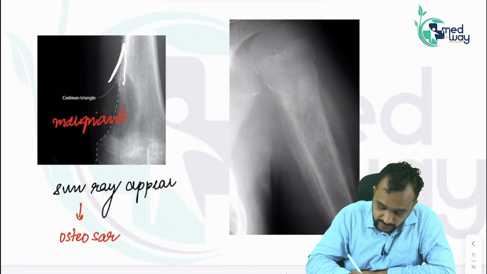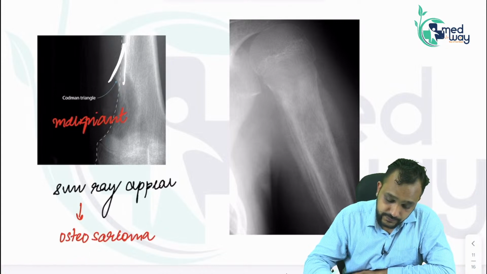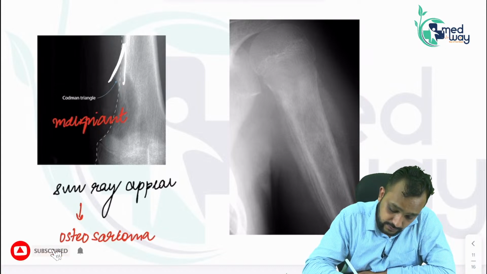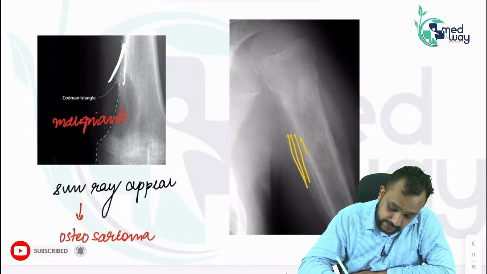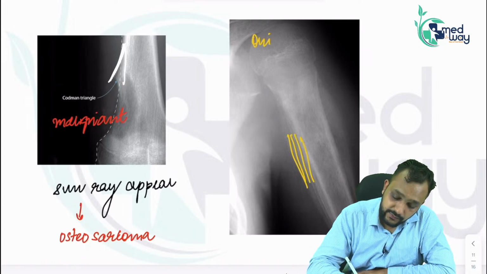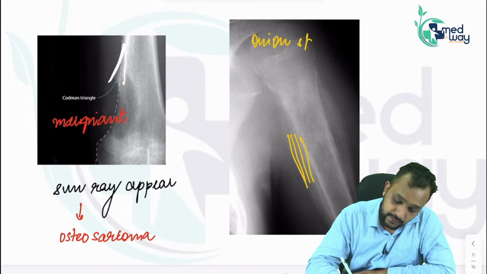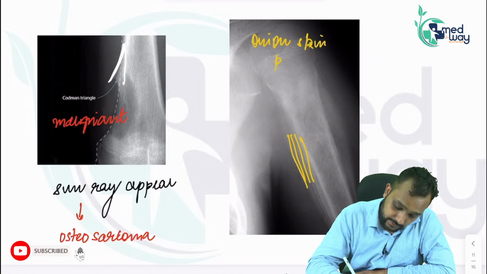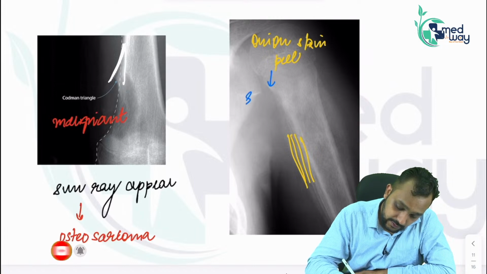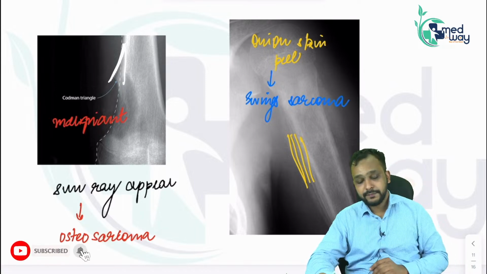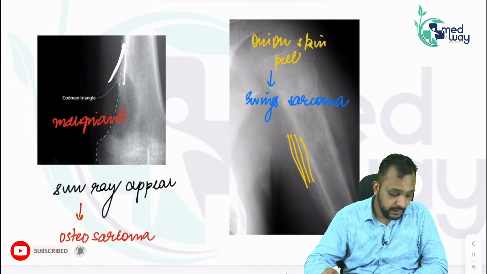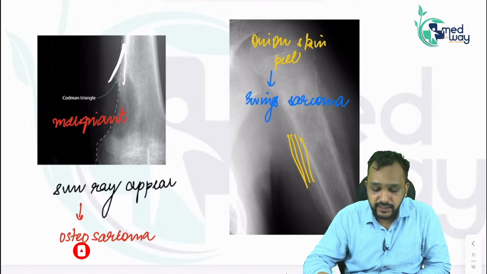One is Codman's triangle, and in this image we can see multiple lamellated reactions giving an onion skin peel appearance. This onion skin peel appearance is seen in patients with Ewing's sarcoma. Right? So the type of appearance is very important.